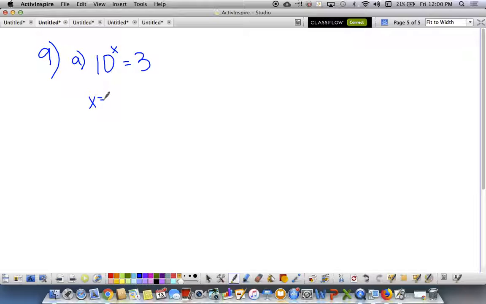Log base 10 of 3. Okay, so that's the first piece it wants. And then it wants x is approximately, what did you say? 0.4771. So it's just plugging that in your calculator. You want both of them.